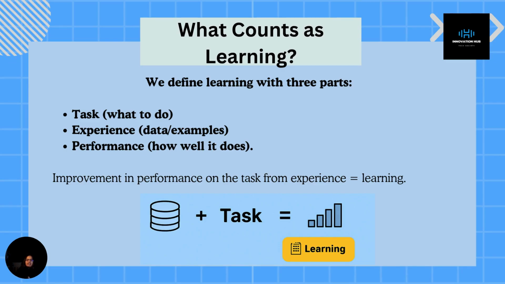A system is only considered to be learning if its performance improves as it gains more experience. So, learning is not just a vague concept, it's something that can, in fact, be measured and evaluated. This is important because it allows us to treat machine learning as a science rather than just an abstract idea.